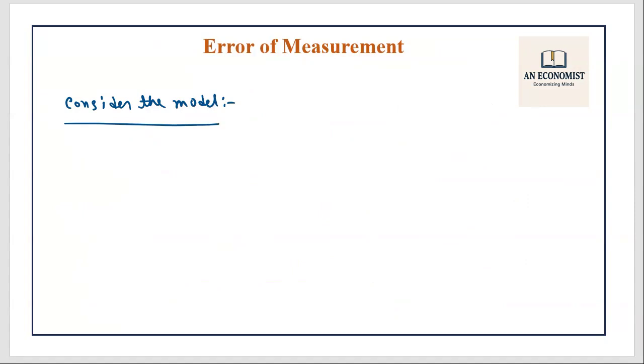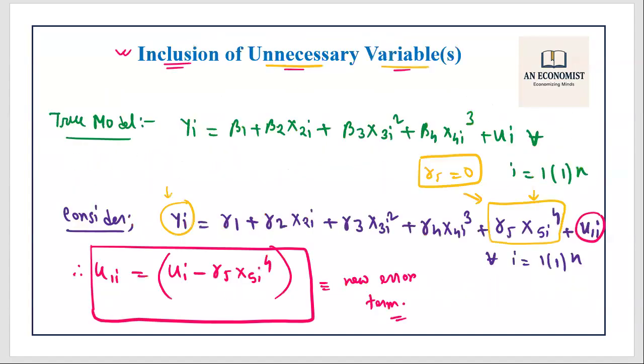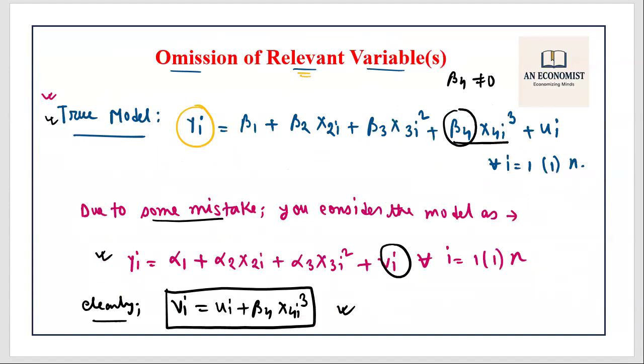The model looks something like this. yi star equals beta 1 star plus beta 2 star x2i star plus beta 3 star x3i star whole square plus beta 4 star x4i star cube plus ui star. So the original model remains the same. The original model is as it is, which we have considered here. So see, the true model is not changing.